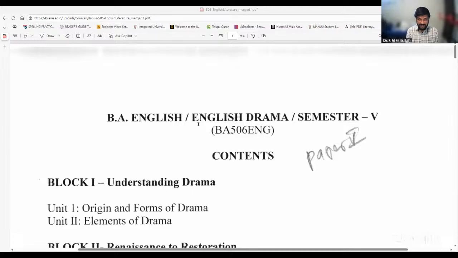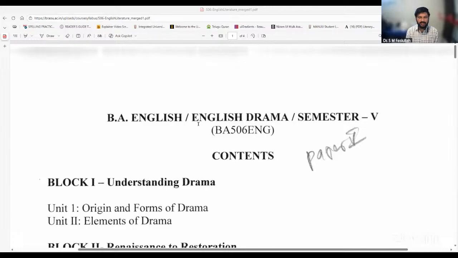So in the very first block, that is understanding drama, we will look at the origin, development, and forms of drama. In the second unit, we have elements of drama.